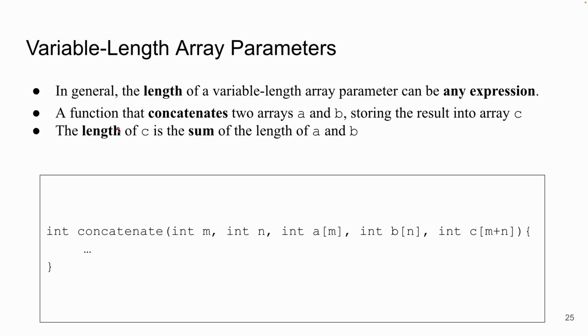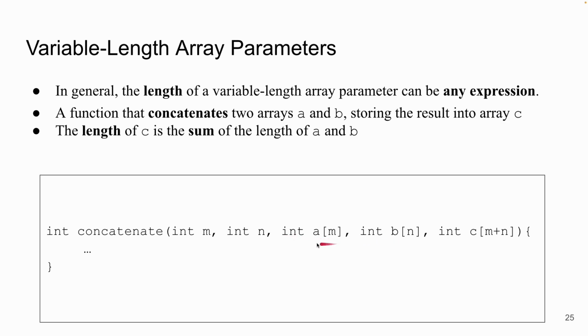So this function is to concatenate two arrays A and B. Concatenate means that you just connect two arrays together, like 连接. So you want to attach B to array A, and then you want to save the merged array into array C. So this is the parameter list we can have for such a function.